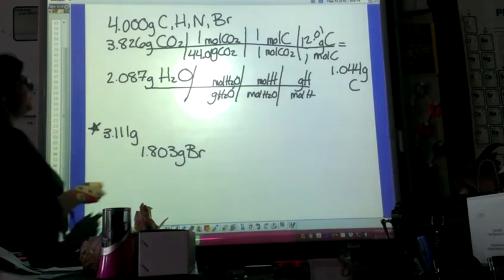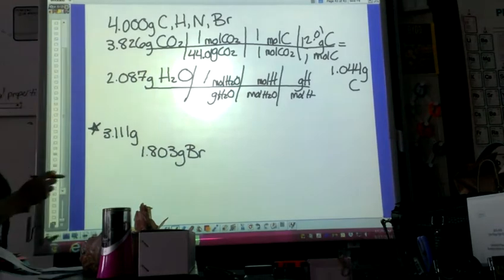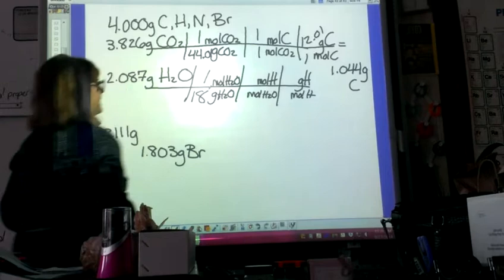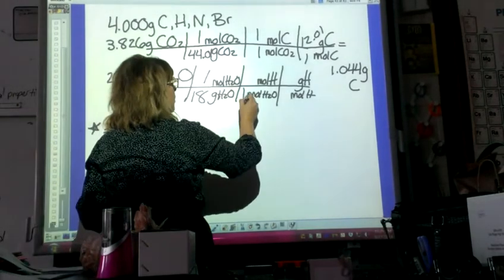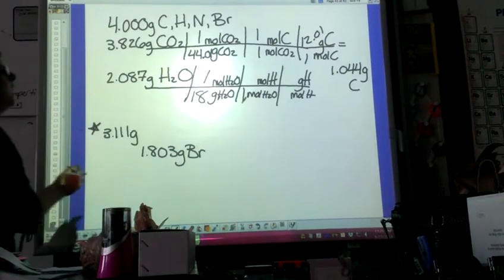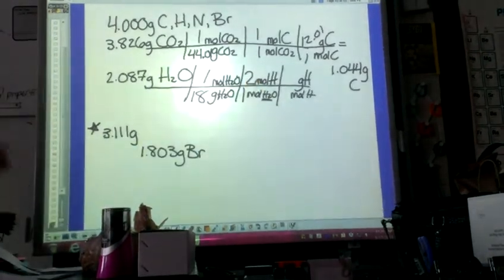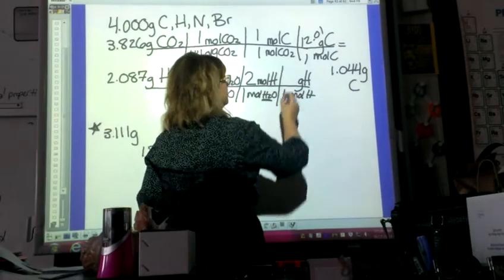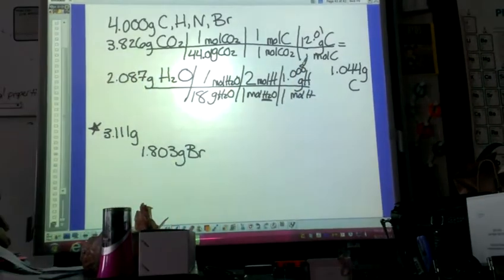Okay, I know that in 1 mole of water, I have 18 grams of water. In 1 mole of water, I have 2 moles, because of the 2 there, of hydrogen. And then in 1 mole of hydrogen, I know that's 1.008. So we'll do that there.